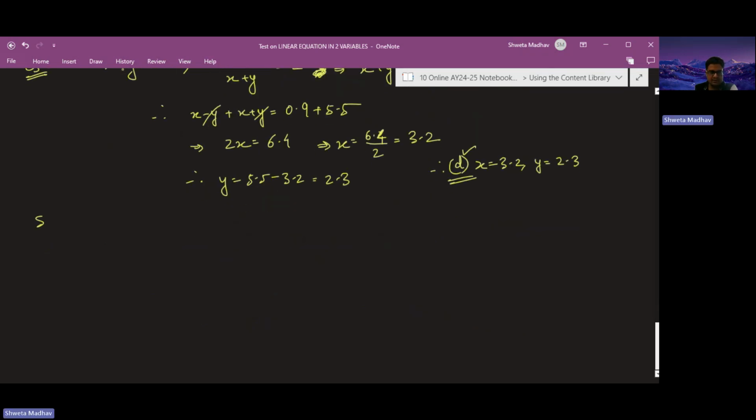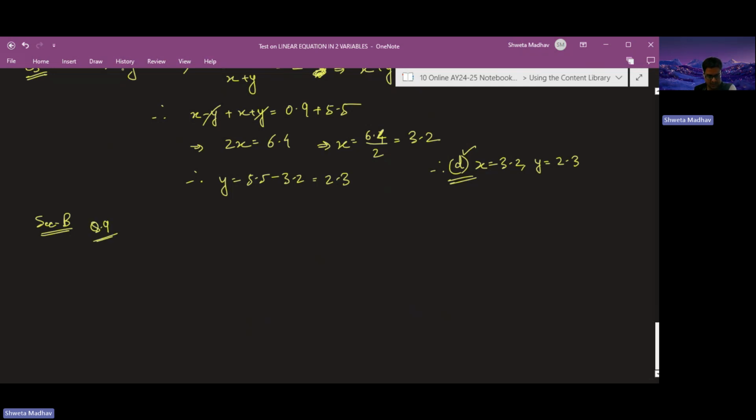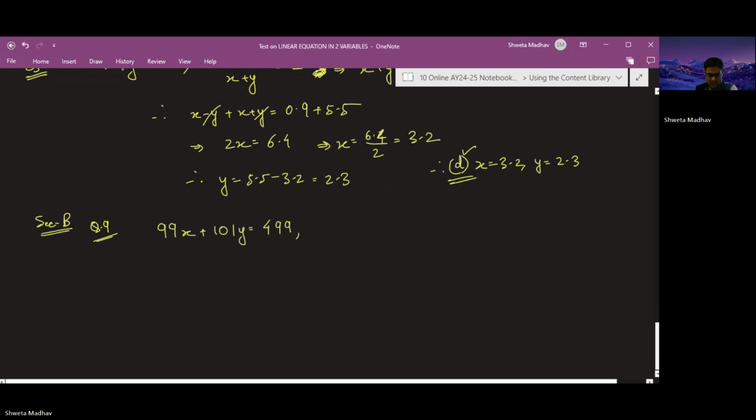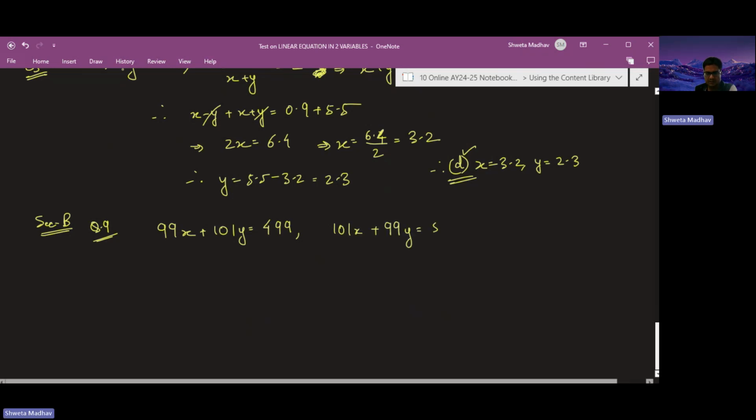Then in section B, question number 9 has been told to solve for x and y: 99x plus 101y is equal to 499, and 101x plus 99y is equal to 501.